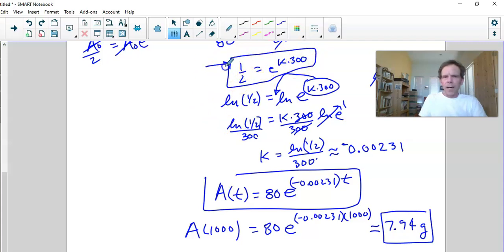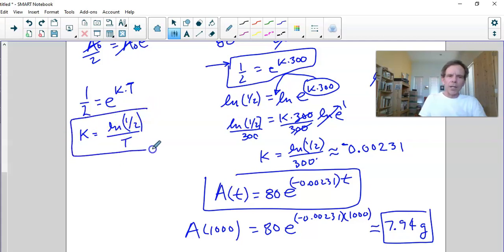If you have 1/2 equals e to the k times, maybe I'll call it capital T for the half-life, and you solve doing the same thing, taking the natural log of both sides, you're going to find that k equals the natural log of 1/2 divided by the half-life. So there's a formula you could actually use.